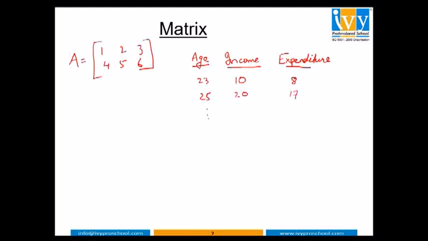So the data goes on like this for different persons, and the objective here is to represent the data in a matrix form like this. So age comes here, its corresponding income comes here, and the expenditure comes here. So is for the next person. And so on.